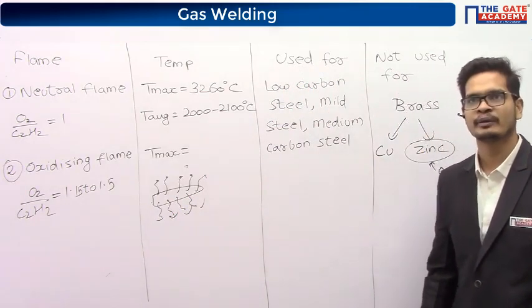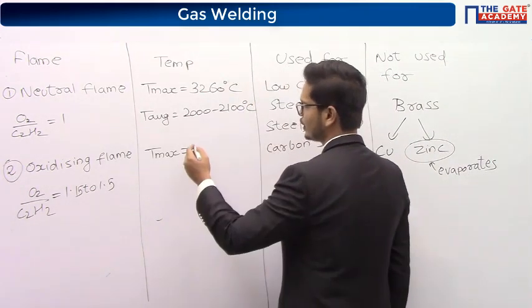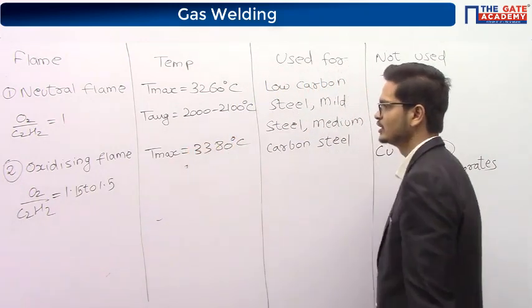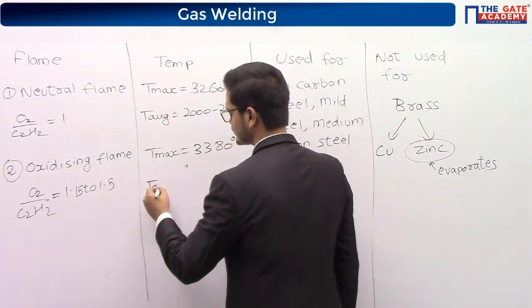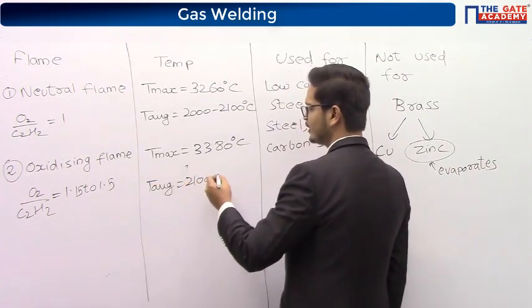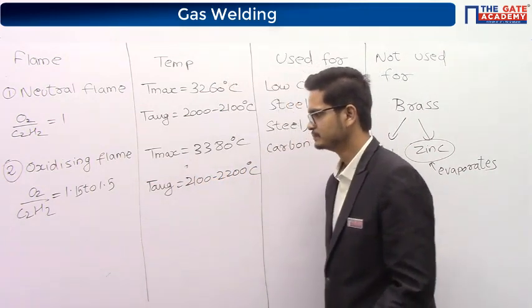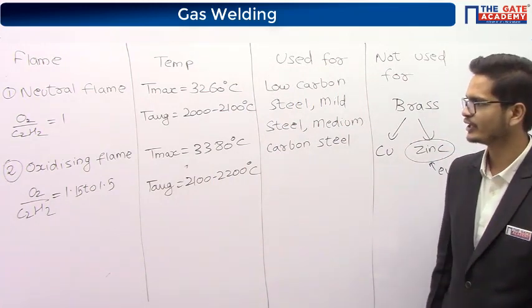Therefore, we get a higher maximum temperature, of the range 3380 degrees Celsius. The average temperature is 2100 to 2200 degrees Celsius.